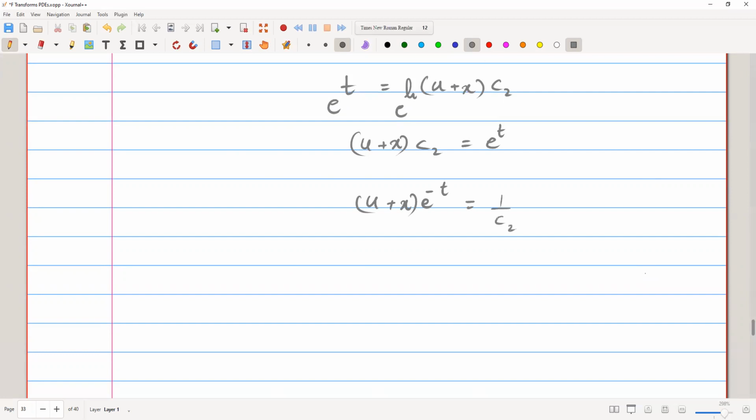We can write this as a, because this is a constant, so a equals u plus x times e to the power negative t. So this is the second curve.